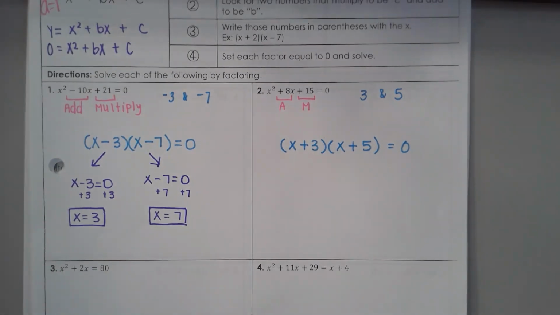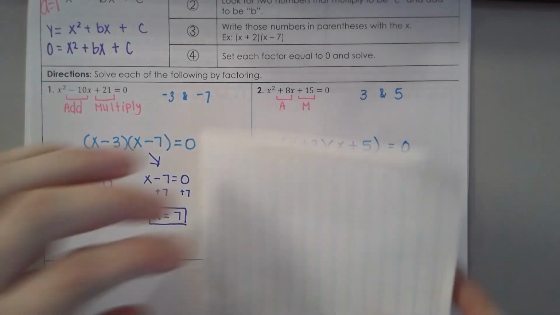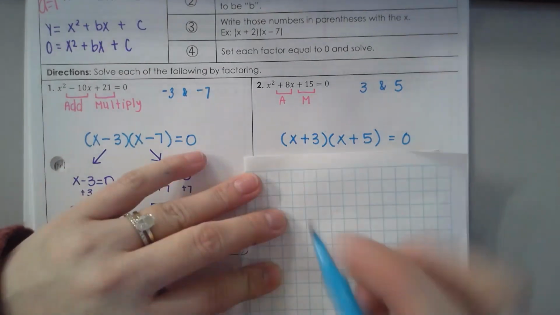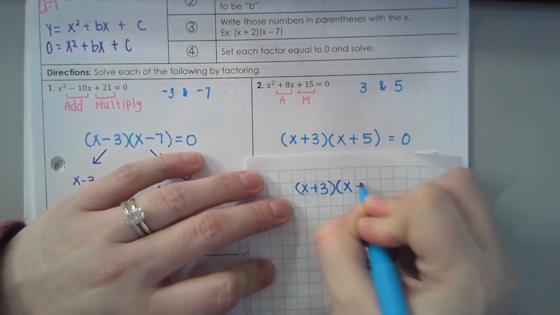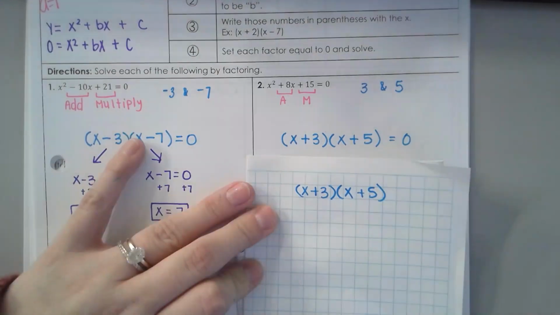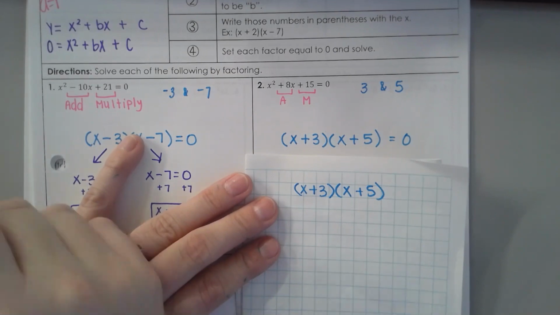And really what we're doing here is we're kind of undoing the FOIL method. If I have x plus 3 times x plus 5, we've talked about FOIL a little bit. That was some Algebra 1 stuff, but we've done it with ACT.